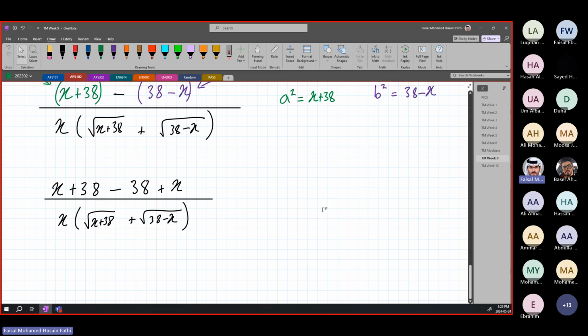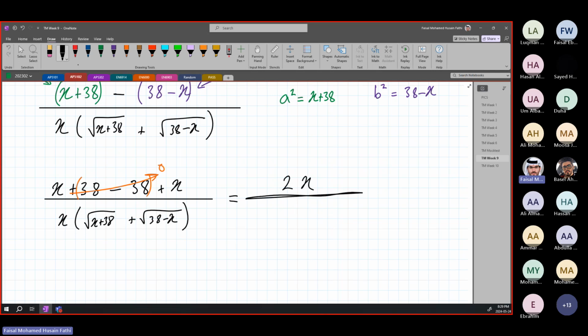If you notice here, we have 38 minus 38, which becomes 0. So what will be left up top is x plus x, which is 2x, over x times the square root of x plus 38 plus the square root of 38 minus x.